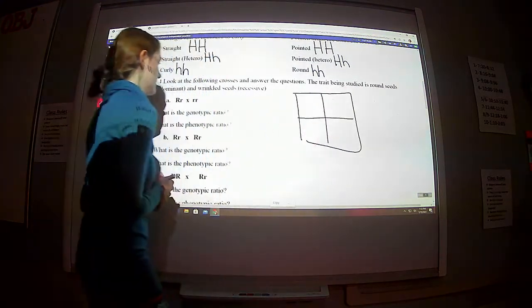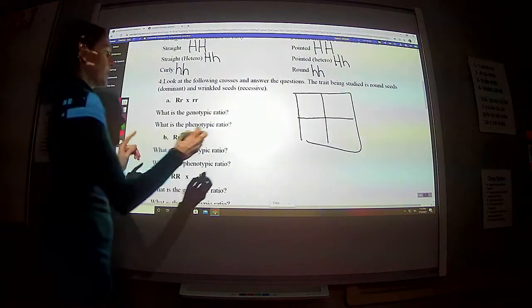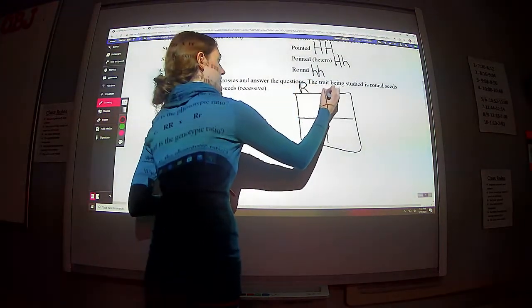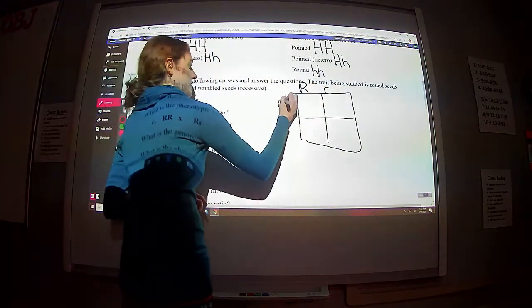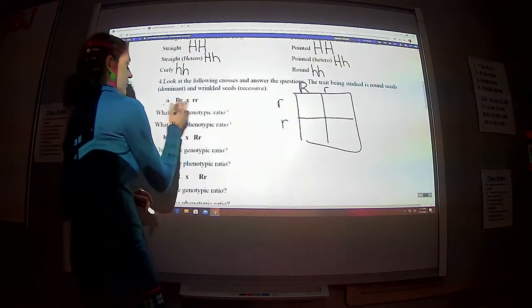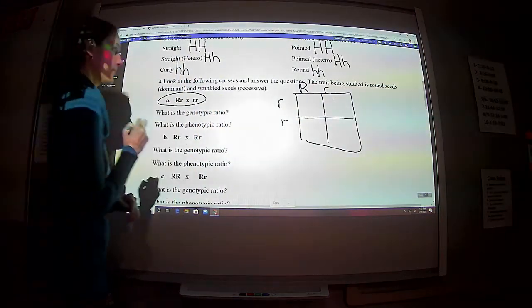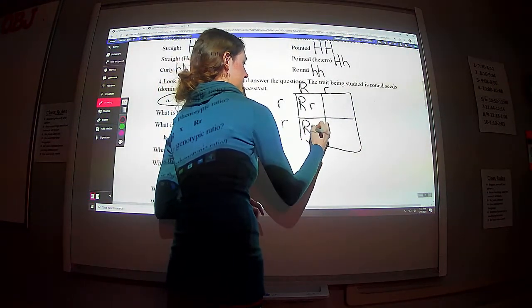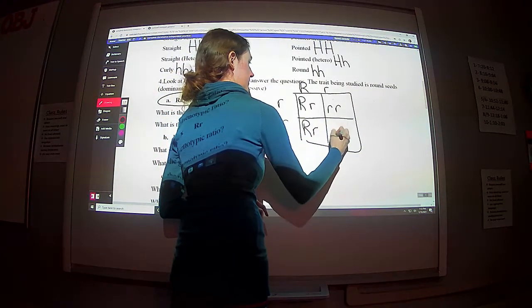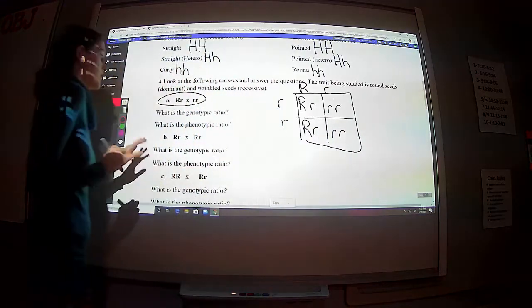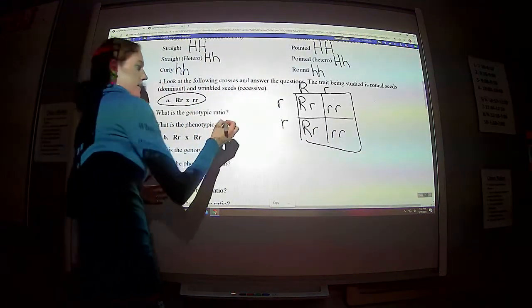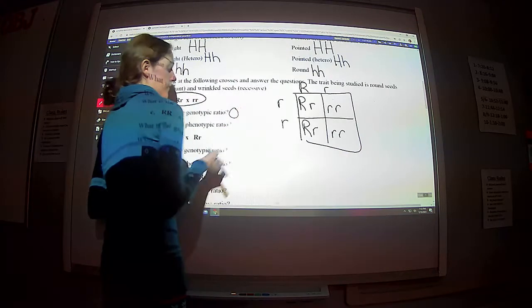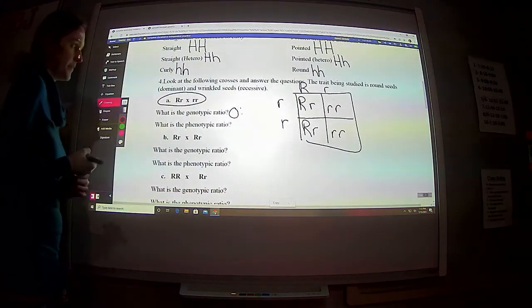Okay, so for A, I have a heterozygous on top and a homozygous recessive on the side. Here's my cross right there. Genotypic ratio starts with homozygous dominant, so we do not have any that have two capital R's.